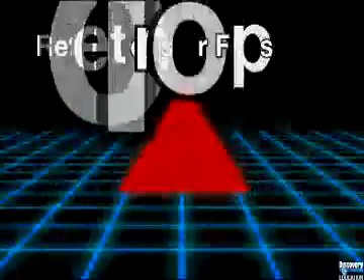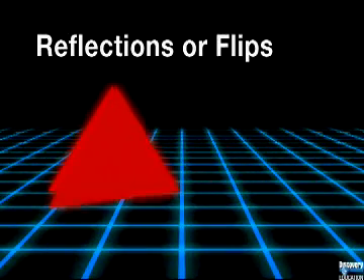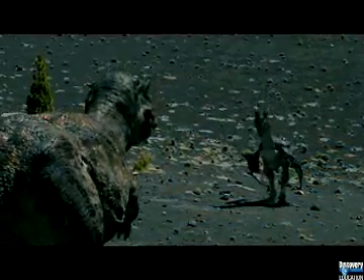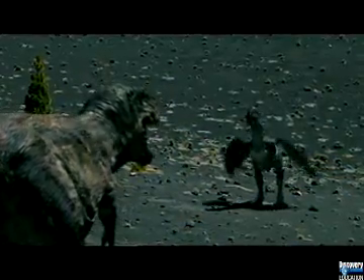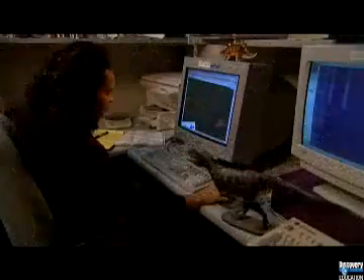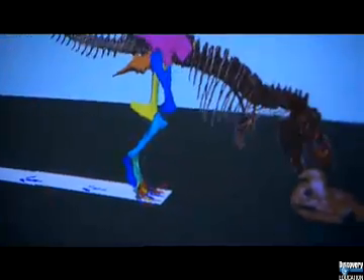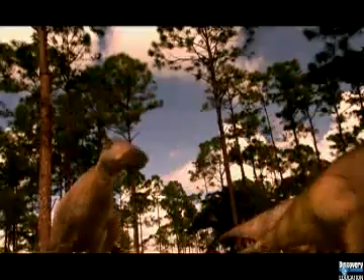And reflections or flips, reflecting one shape to the other side to produce its mirror image. These transformations help artists build the creatures on screen with depth and the sense of motion, making the animals and their worlds look real.